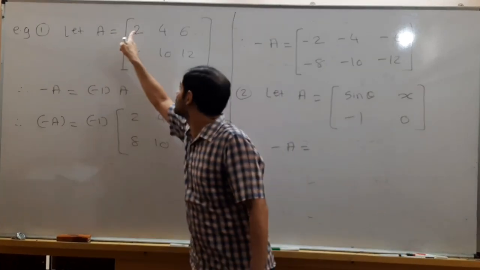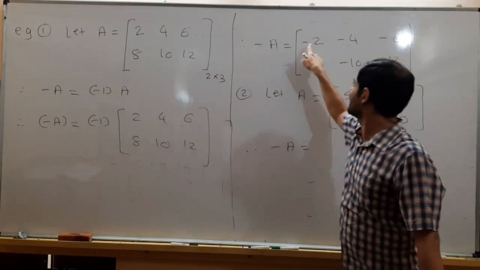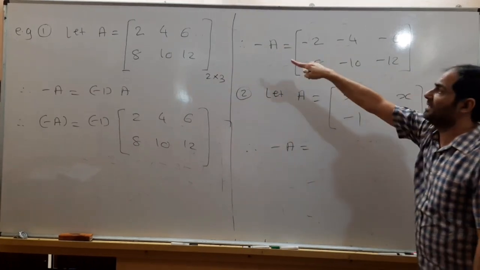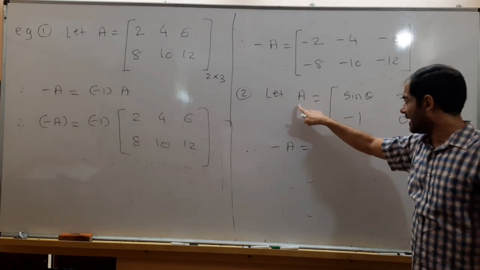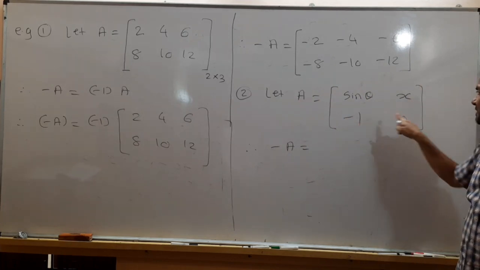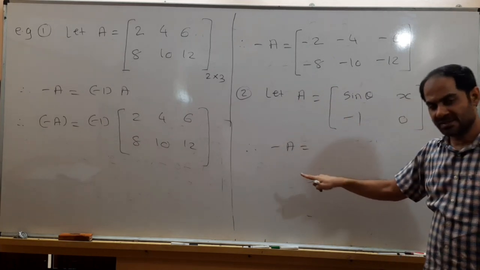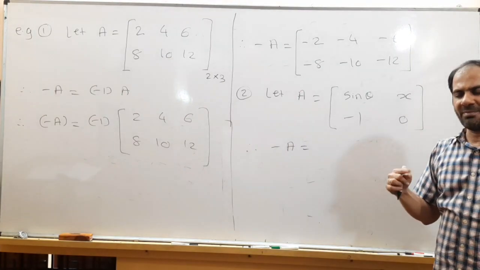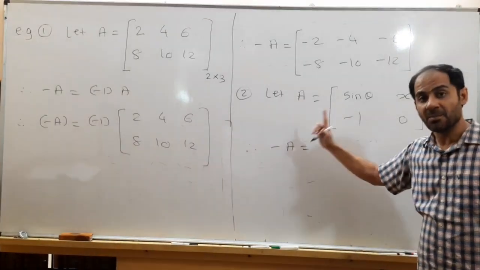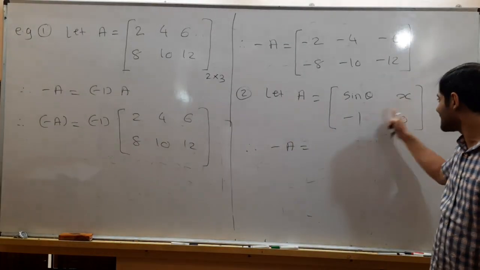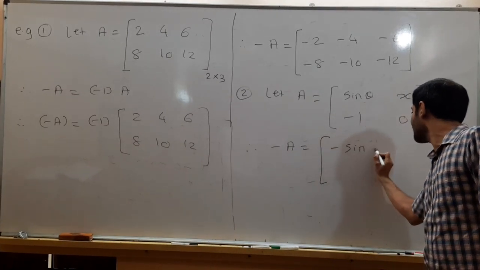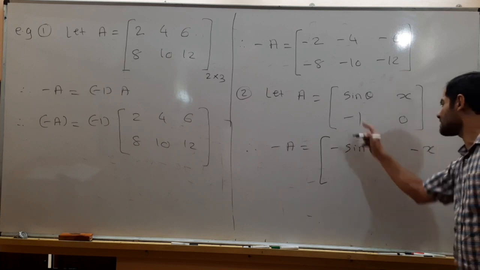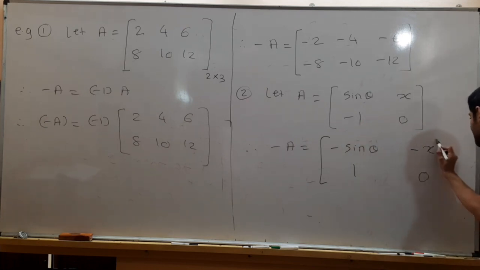Above, A is 2, 4, 6, 8, 10, 12, so minus A is minus 2, minus 4, minus 6, minus 8, minus 10, minus 12. Here A is sin theta, x, minus 1, 0. So I will multiply each and every element with minus 1. So sin theta becomes minus sin theta, x becomes minus x, minus 1 becomes 1 and 0 remains 0.